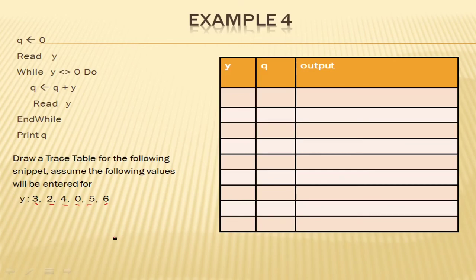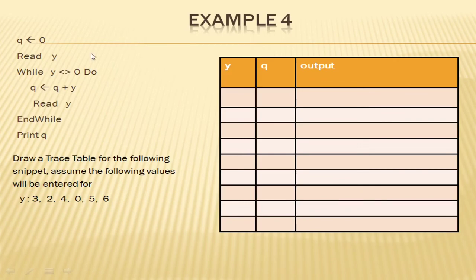So what this question is asking us to do is basically to look at the snippet above, which is this, and draw a trace table for it, and assume that anywhere we see an input for y, we're going to use these values, right? Which is 3, 2, 4, 0, 5, and 6. So let's see how this will go.